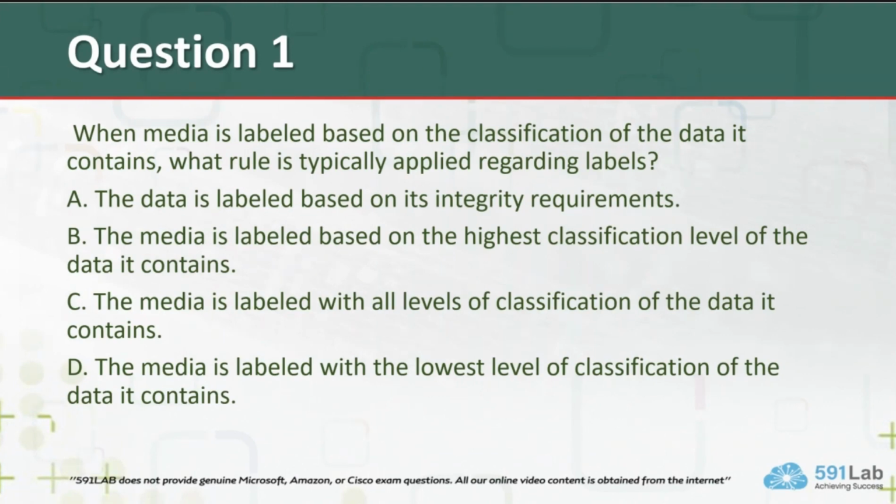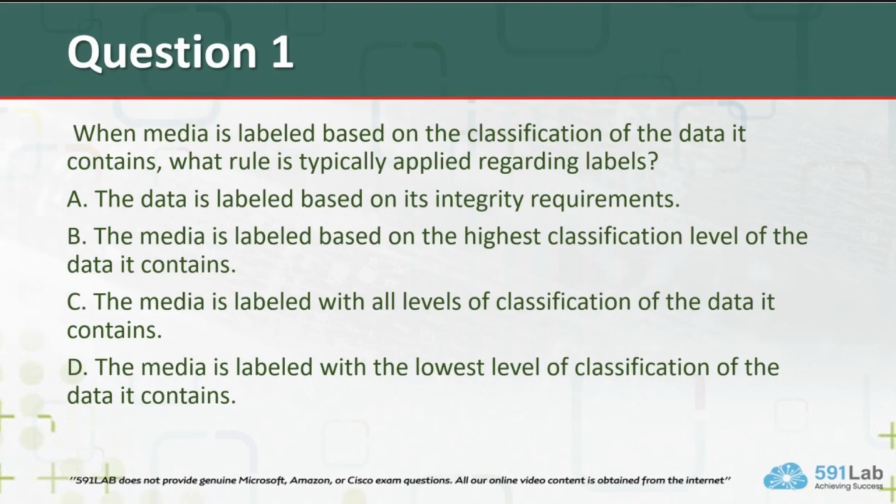All right, so media like hard disk, for example. The hard disk can have different types of data with different labels, with different categories, like some confidential, some top secret, some internal, some public data, for example. So let's say the hard disk has internal data, public data, and confidential data. So how should we label this hard disk containing the 3 types or classifications of data?